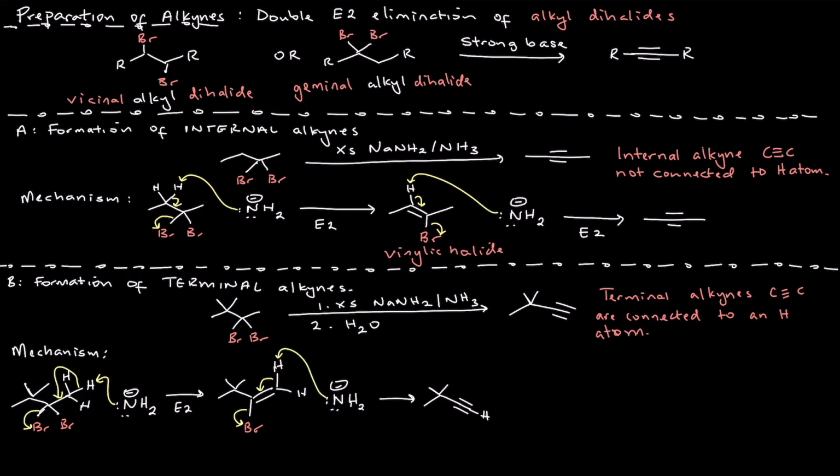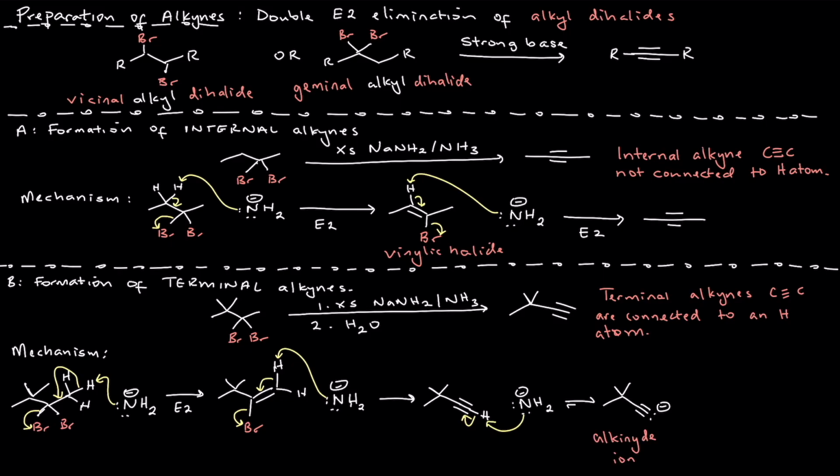However, remember that you are in the presence of excess sodium amide, and we already know that sodium amide is capable of deprotonating a terminal alkyne CH, which means that in the presence of sodium amide, which is in excess in the solution, a proton transfer step is inevitable, and you would form this alkynide ion.